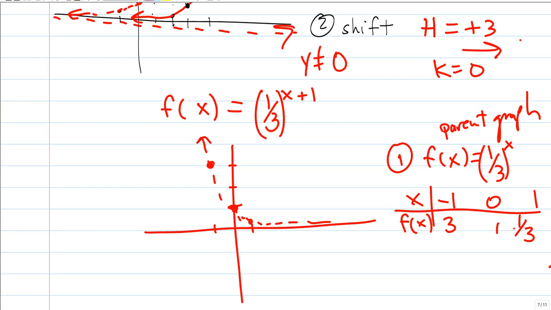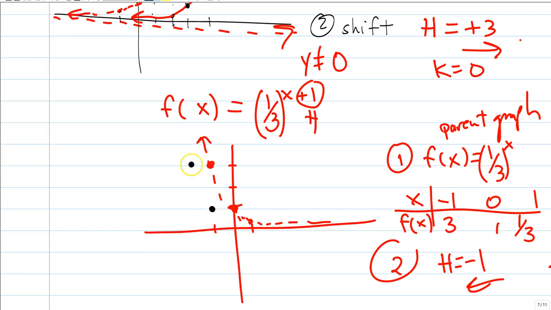Those 3 points. All I have to do now is shift the graph. This +1 is an H, so we're going to shift it opposite, 1 to the left. Every point gets moved 1 to the left, 1 to the left, 1 to the left. And there is our final graph.